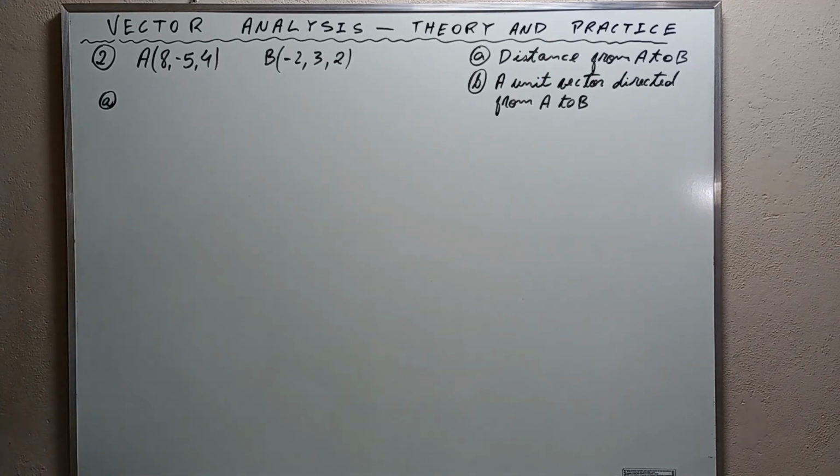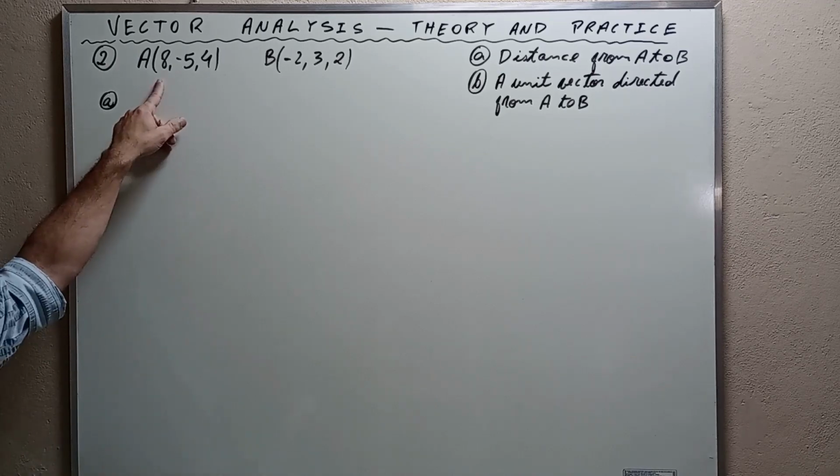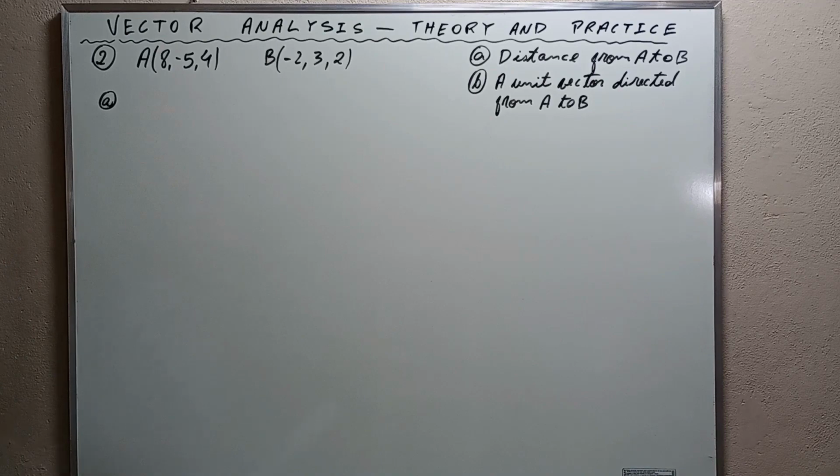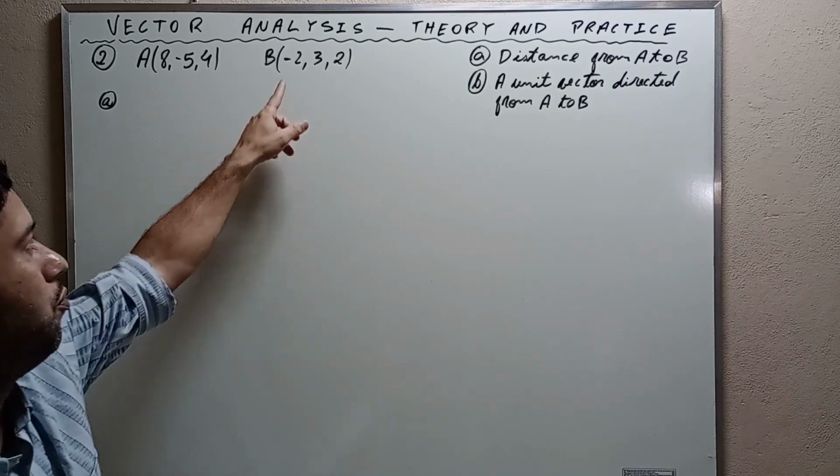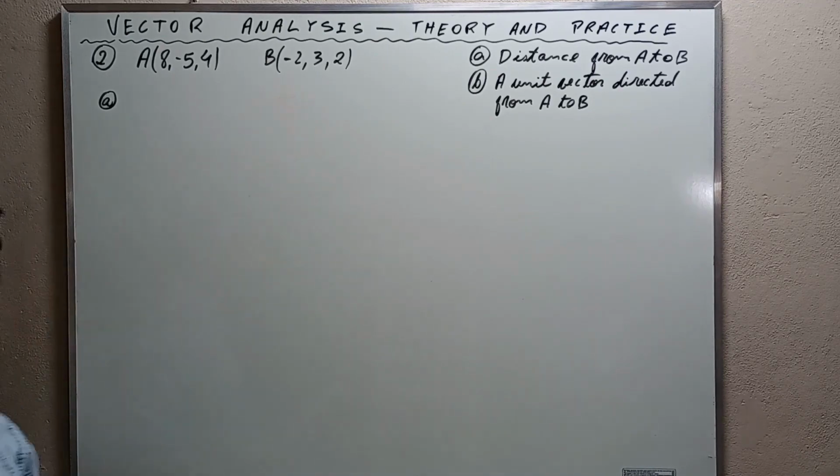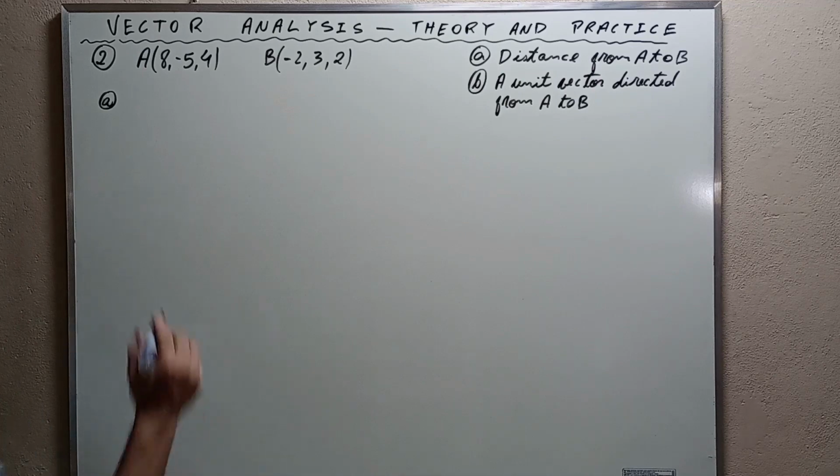The distance from A to B can be calculated by placing a vector from the origin to point A and placing a vector from the origin to point B and computing the difference in such a manner.